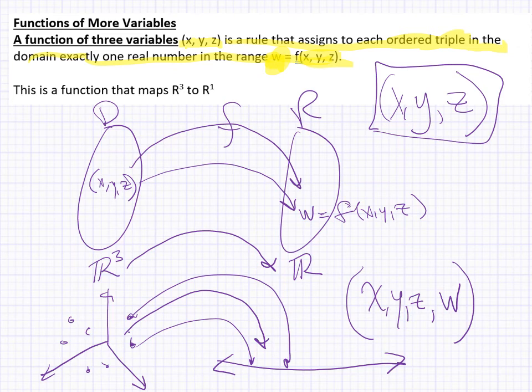It's not very easy for us to see what a 4-dimensional object would look like because we live in a 3-dimensional world. If any of you have ever read the book Flatland, it's about a world of people or beings that live in 2-dimensional space and then become aware that there's this other 3-dimensional world that they can't see.